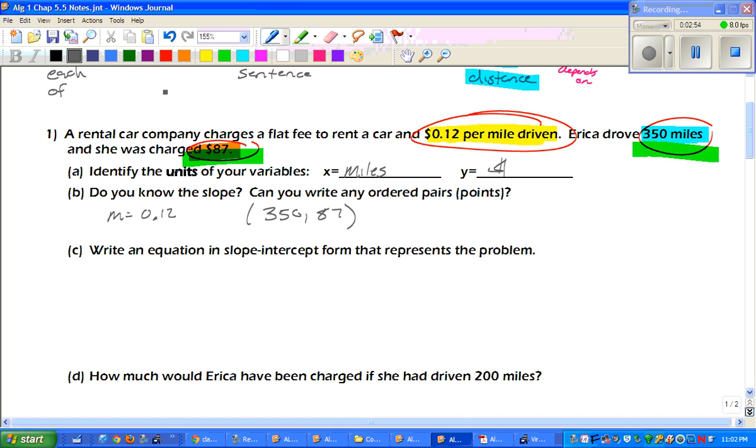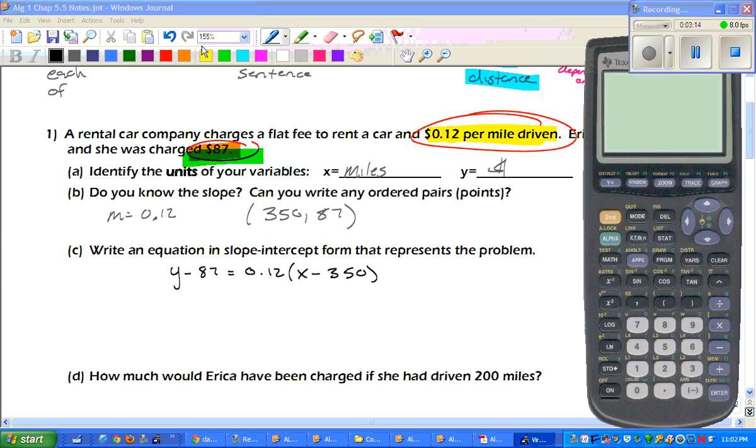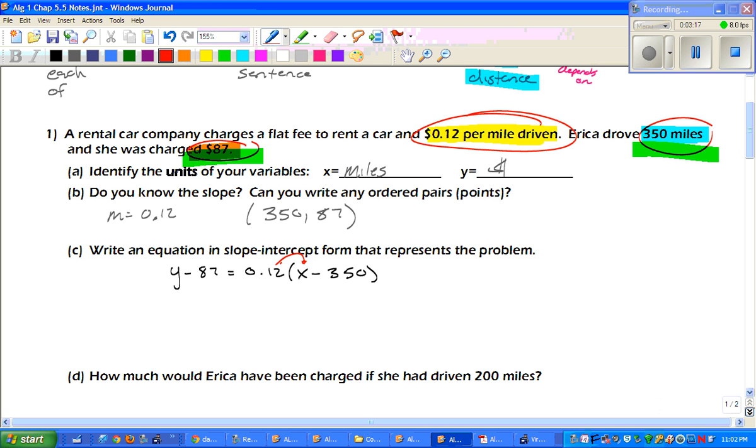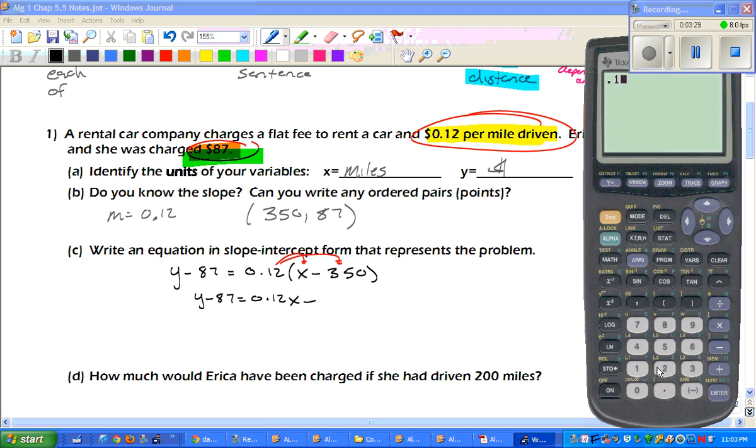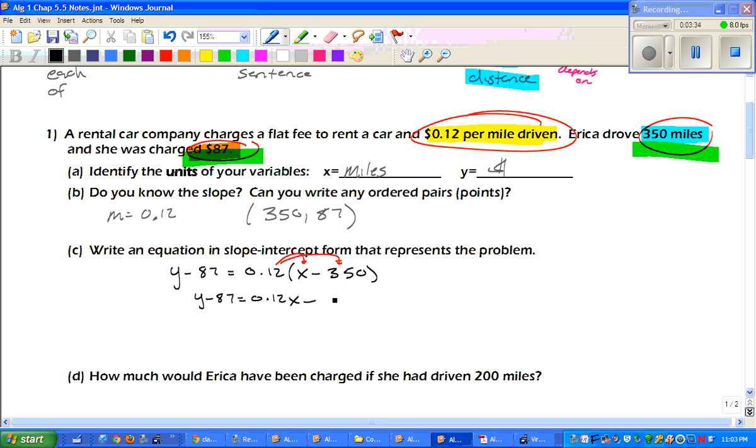All right, let's take a look at this. y minus 87 equals 0.12 times x minus 350. Okay, you're going to need your calculator out for this. I'm glad I've got mine. So first thing we're going to do is distribute, and you're going to get y minus 87 equals 0.12x minus 0.12 times 350, which gives us 42.